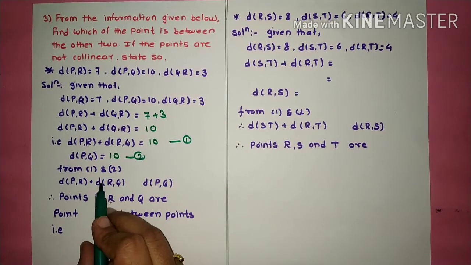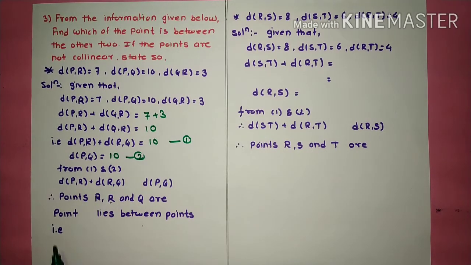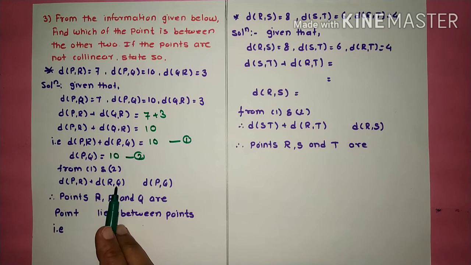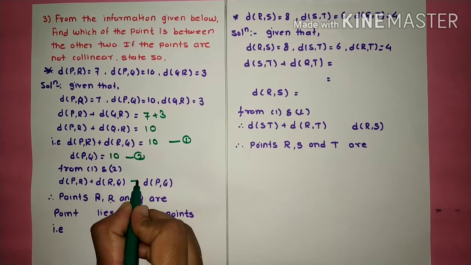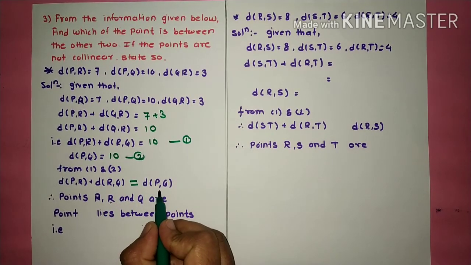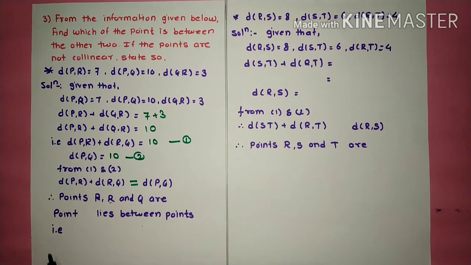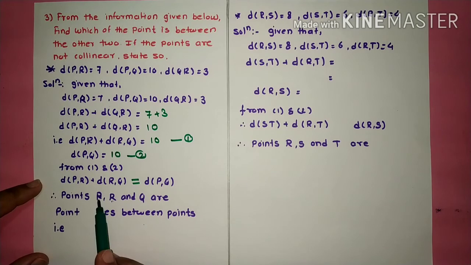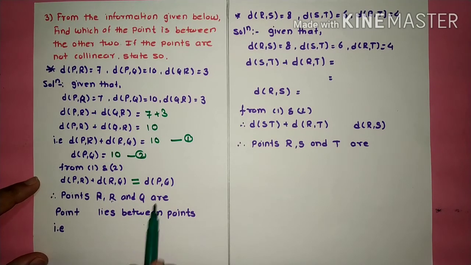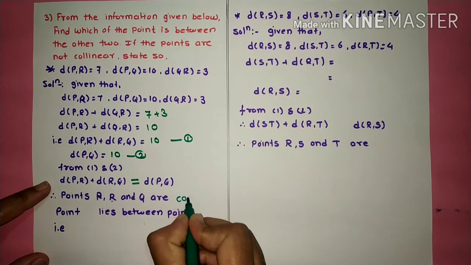Therefore from 1 and 2 we get distance PR plus distance RQ equal to distance PQ. So we can say that points P, R and Q are collinear.